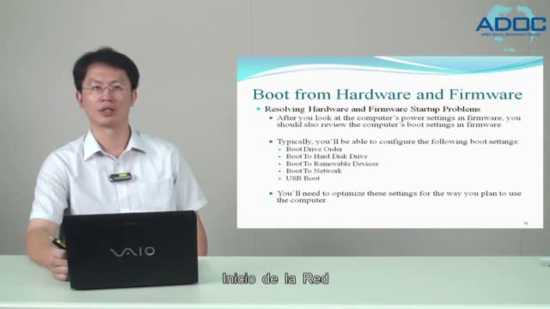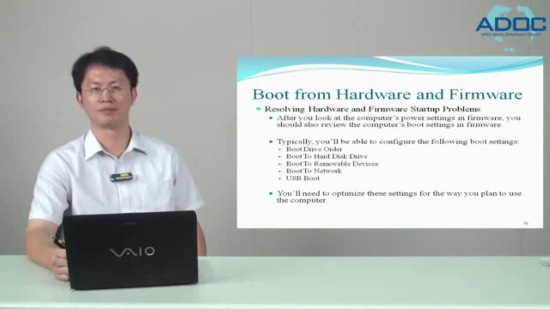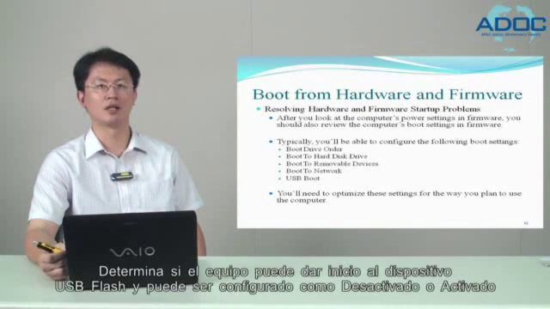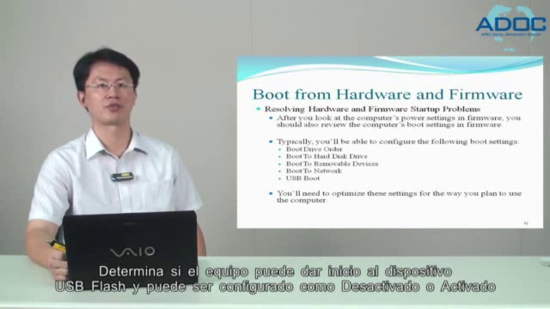Boot to network. Determines whether the computer can perform a network boot and can be set to disable or enable. USB boot. Determines whether the computer can boot to USB flash drive devices and can be set to disable or enable.